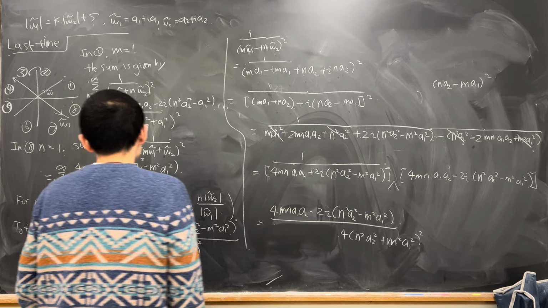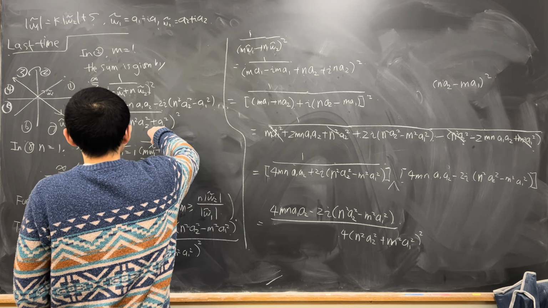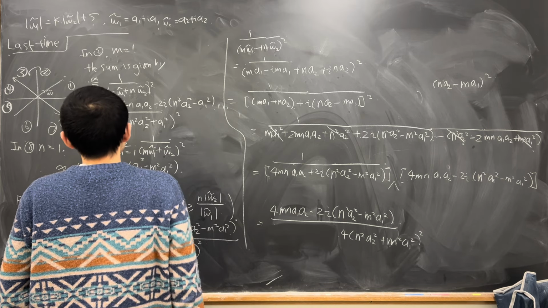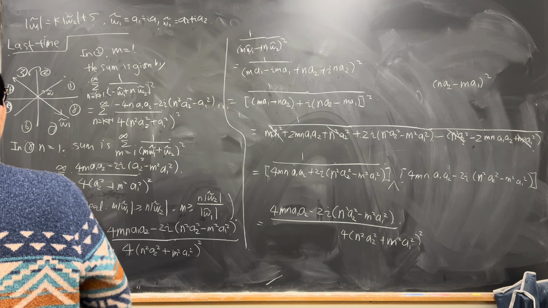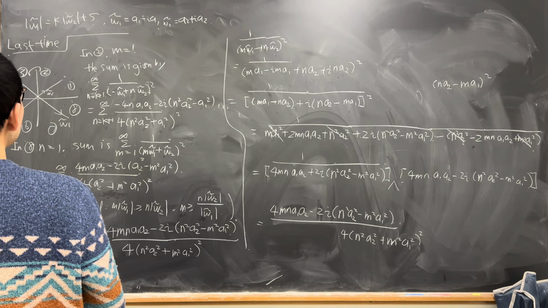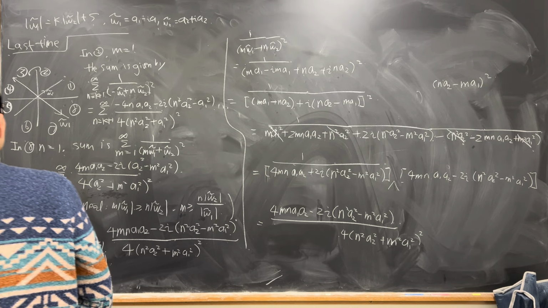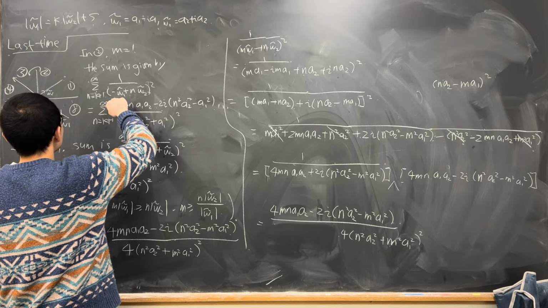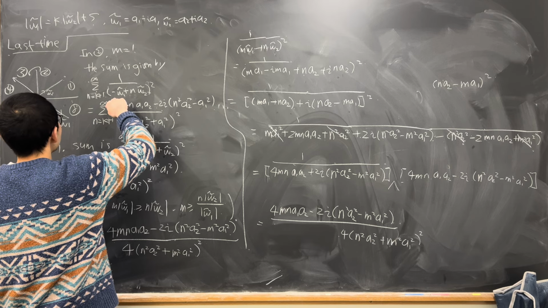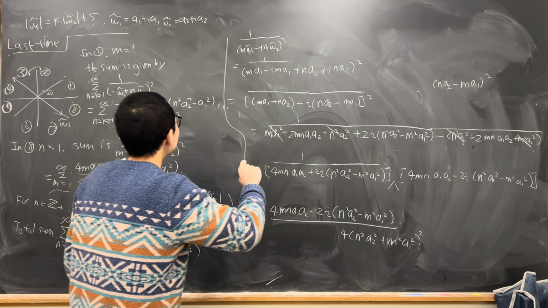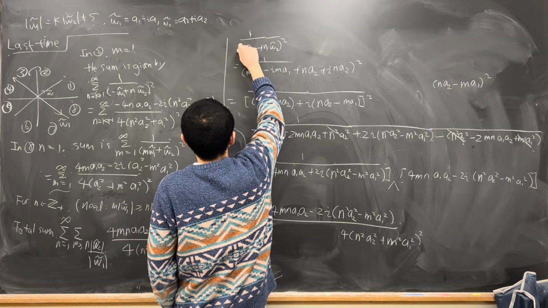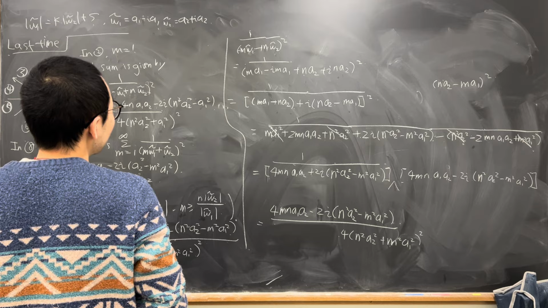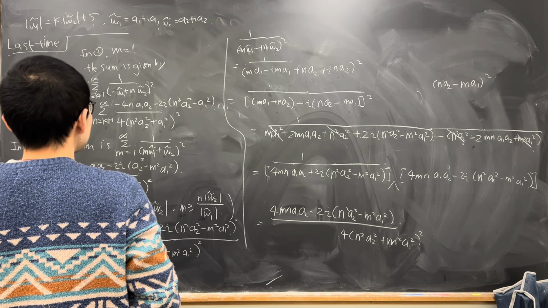So for this one, what I get is that, for m equal to 1, initially it should be m equals, so this is minus m, right? So if I put a negative sign here, then what will it change?